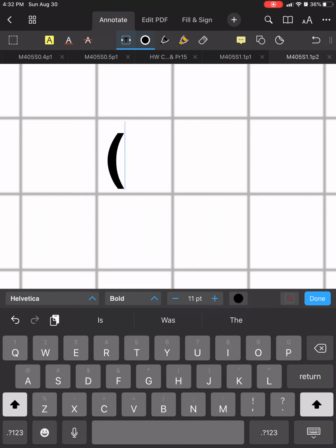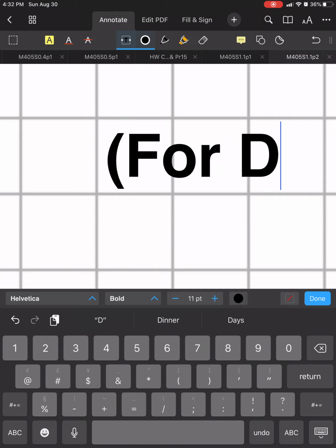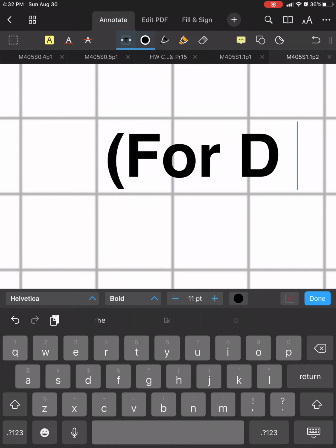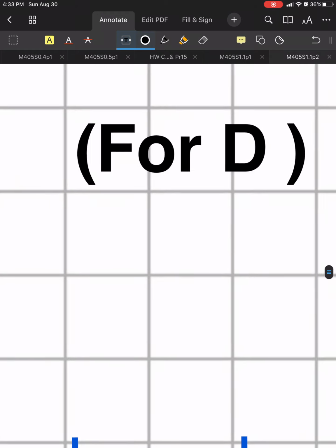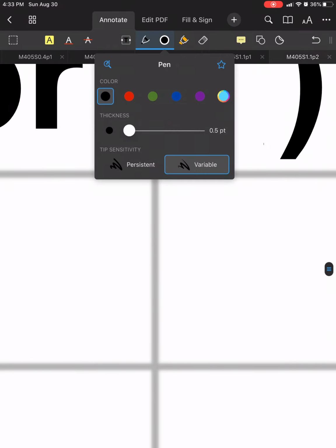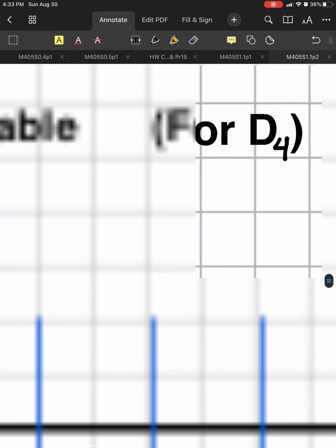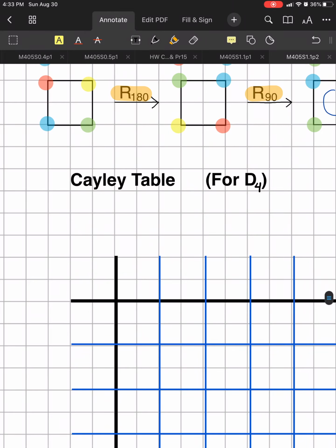This is what we call D4. That's what we call this thing that we've got with the rotations and flips of a square.